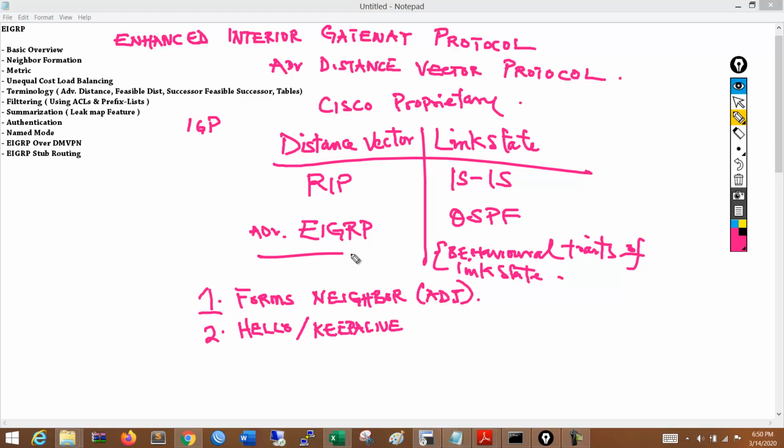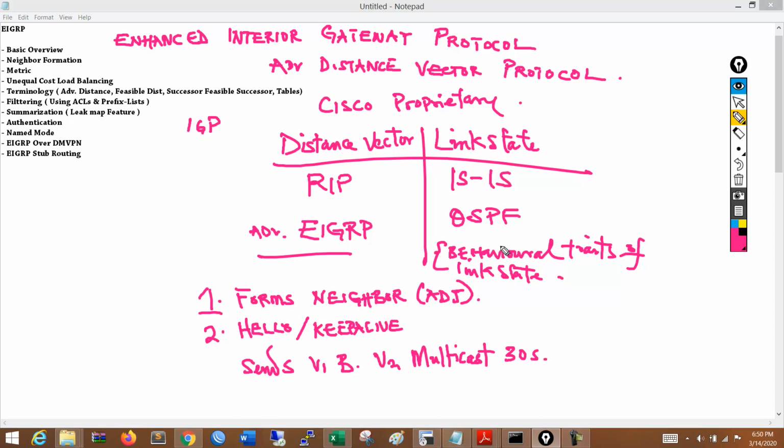Whereas in the other distance vector routing protocol named RIP, it doesn't form neighborship. It just sends its whole routing table, like I explained. For version 1, it will send it as broadcast, and then for version 2, it utilizes multicast to send the whole of its routing table every 30 seconds. EIGRP is not like that.